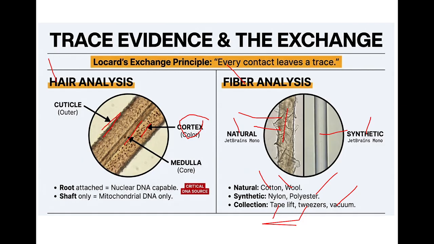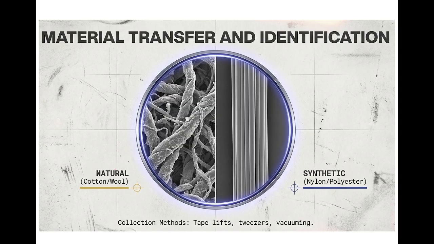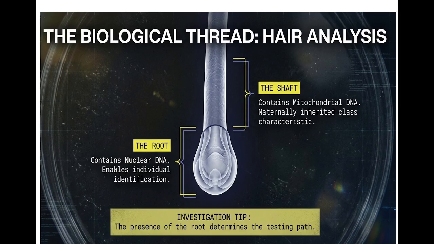Now we have two types of hair sample. You could have the root, which is very important. You could have the shaft. The shaft is as important as the root, but the root is more important because it contains nuclear DNA.